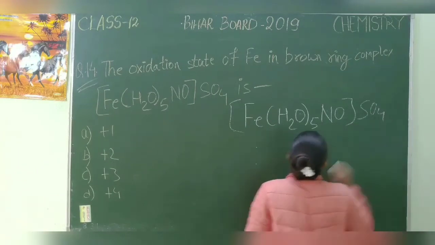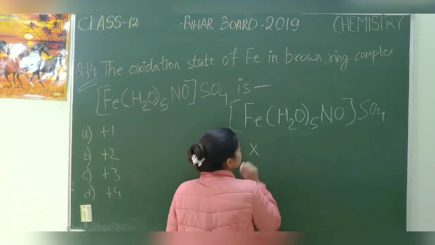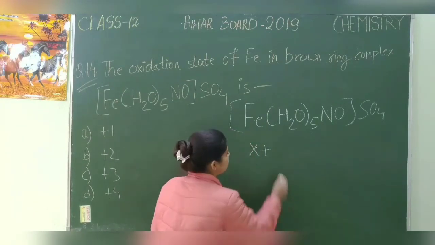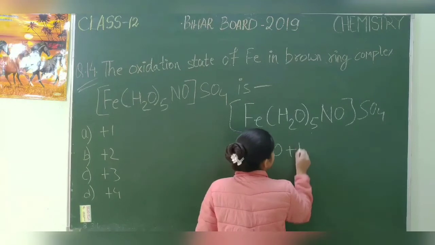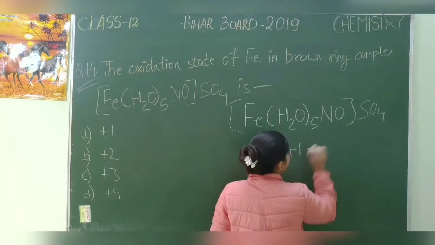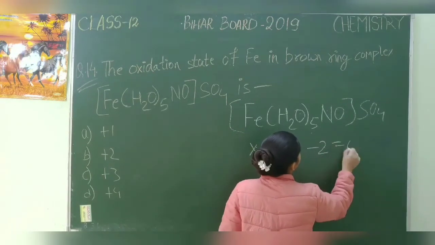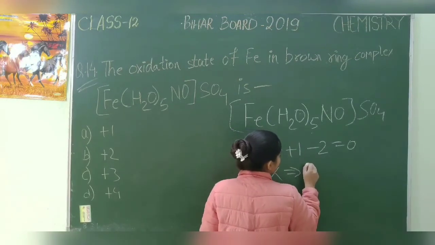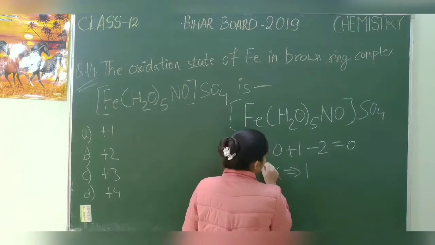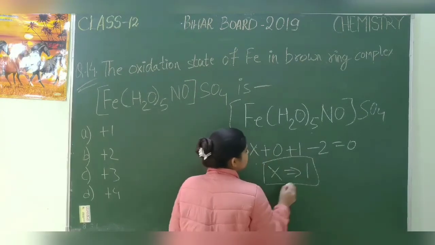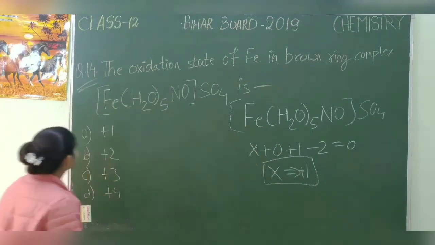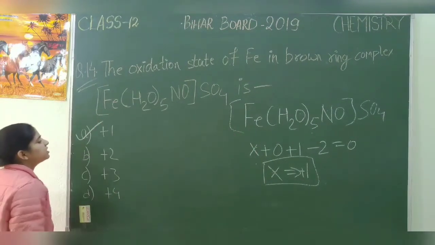Let us take x as the oxidation state of iron, and oxidation state for water is 0, NO is +1 and SO4 is -2. So we get x equals to 1. Okay. So this is the oxidation state of iron, that is +1. So we can say that option A is our answer.